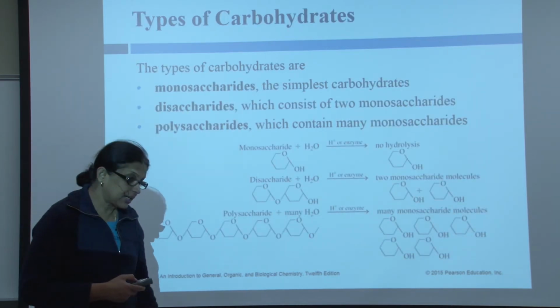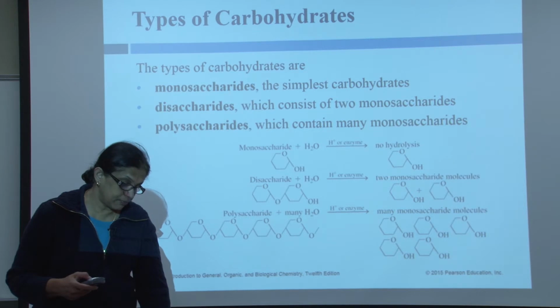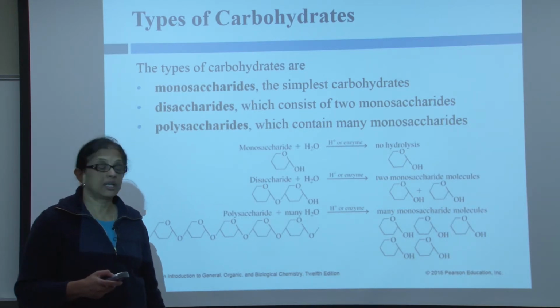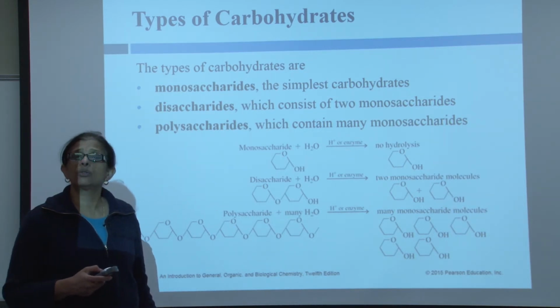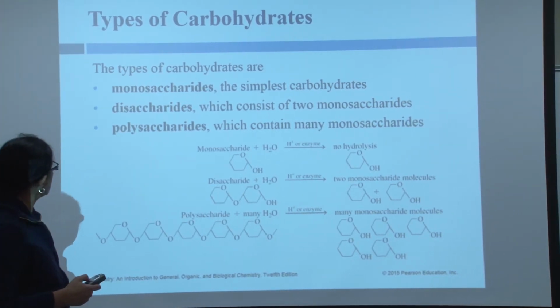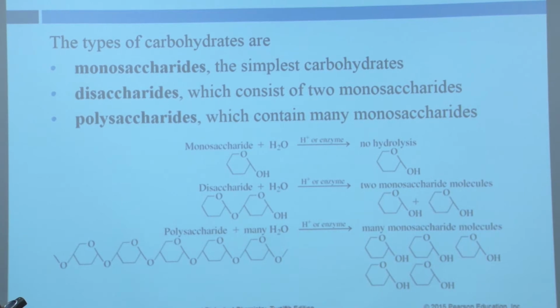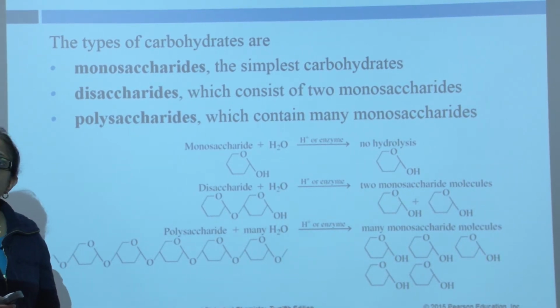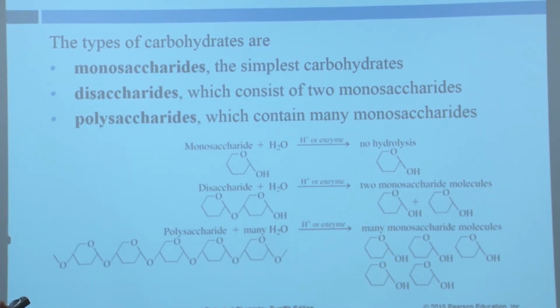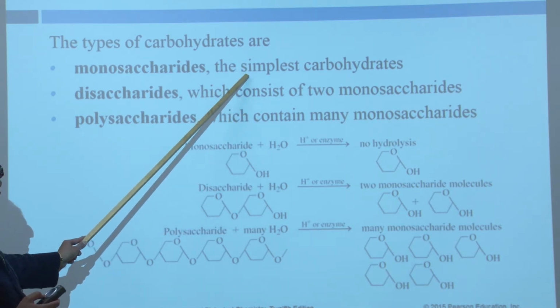Now, types of carbohydrates. Again, there is an explanation on page 435, so while we are talking, we can also look at that page. The types of carbohydrates are monosaccharides, disaccharides, and polysaccharides. So three different categories. These are the simplest carbohydrates.